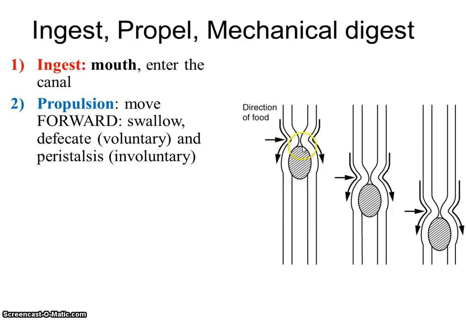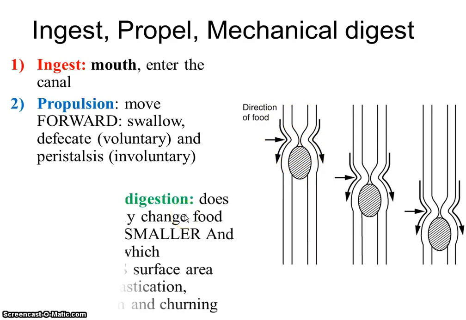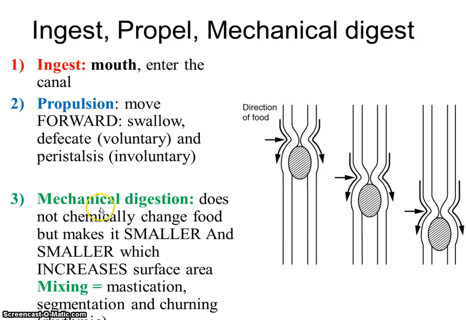And that basically consists of a constriction behind the food mass with a relaxation in front and then a forward stimulation of the longitudinal muscle. All right? And then mechanical digestion, right? So not a chemical, not a breaking of a bond, but taking these molecules in the food and taking them from big particles to smaller and smaller and smaller particles.